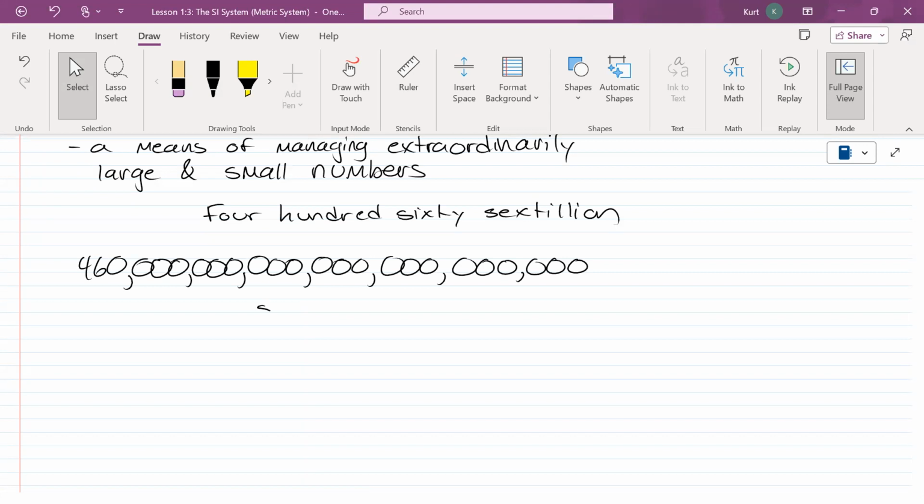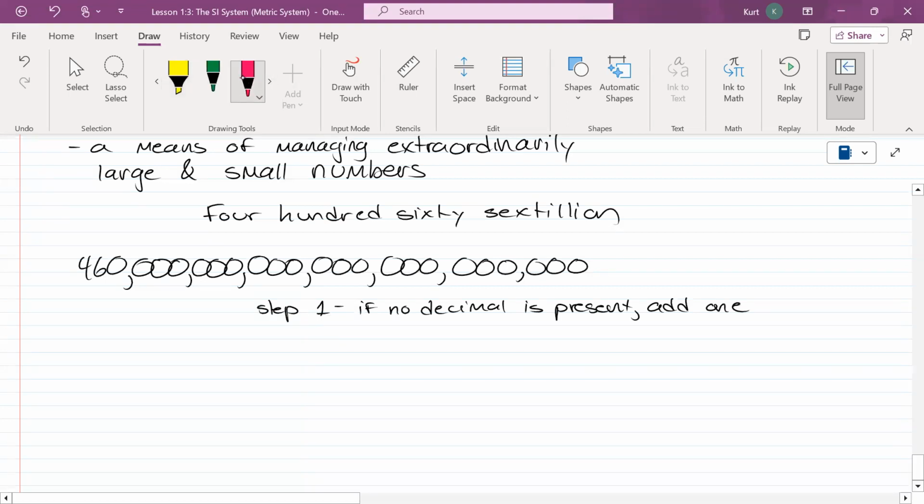So step one. If no decimal is present, add one. Decimal, right there. Step two.